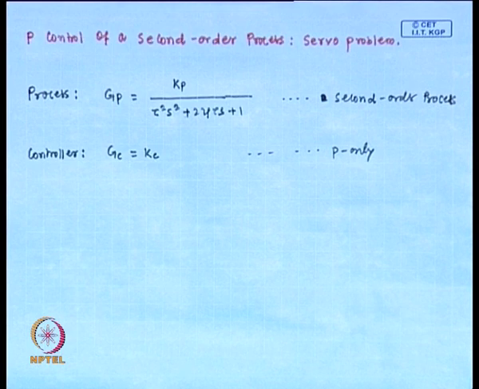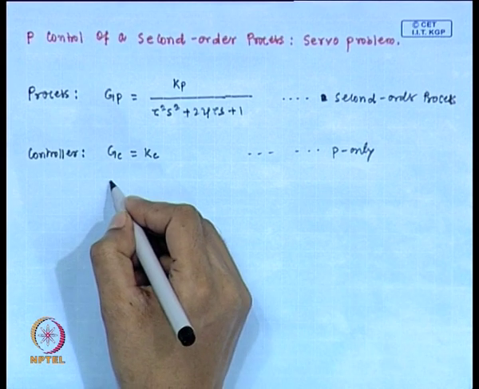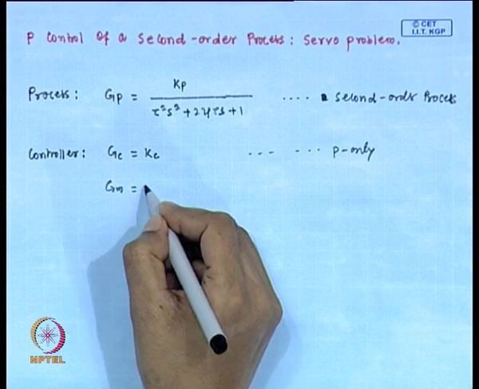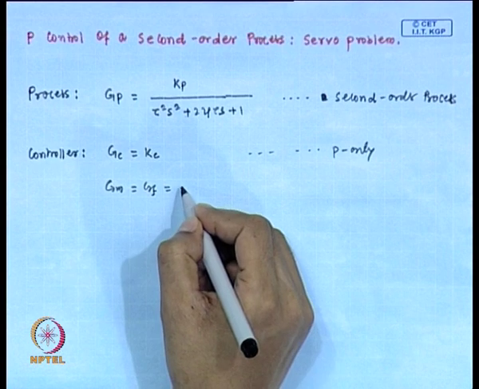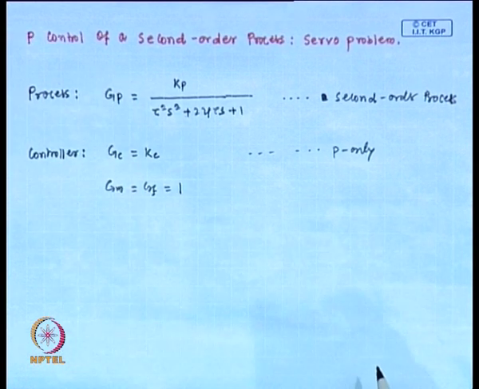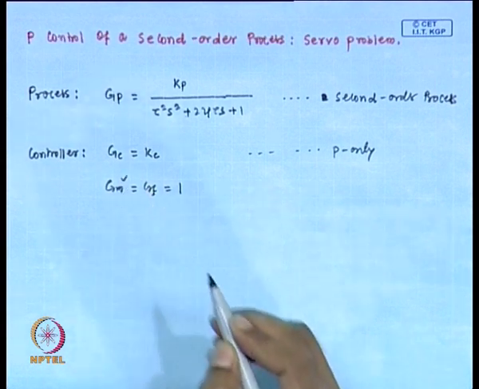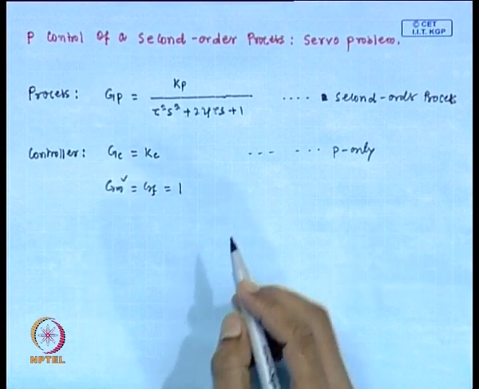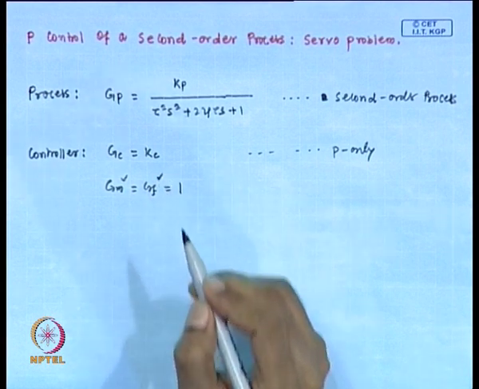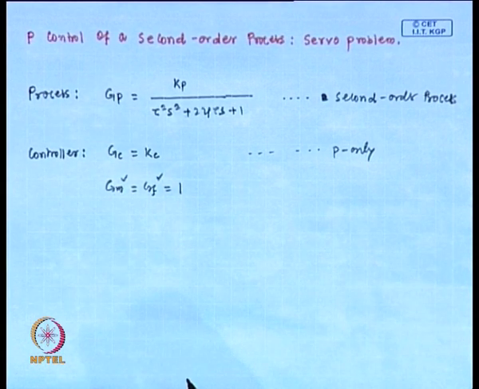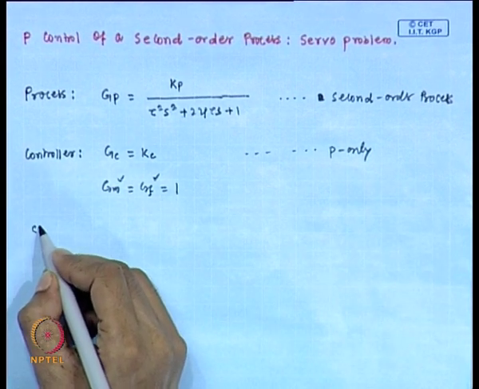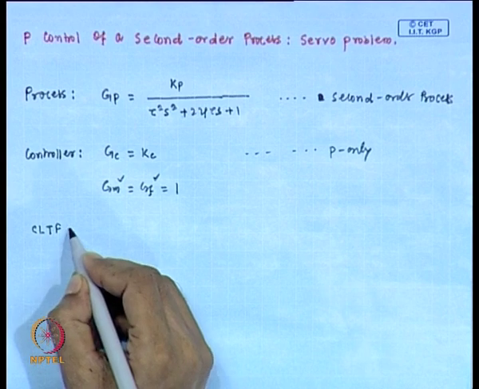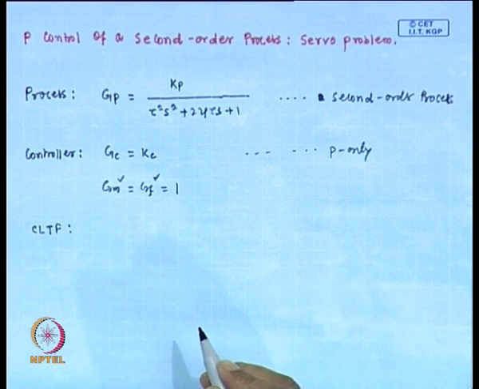For simplicity, we will consider Gm and Gf both equal to unity. The transfer function of the measuring device, that is Gm, and the transfer function of the final control element, that is Gf, are equal to 1. Now, what is the general expression for closed loop transfer function?